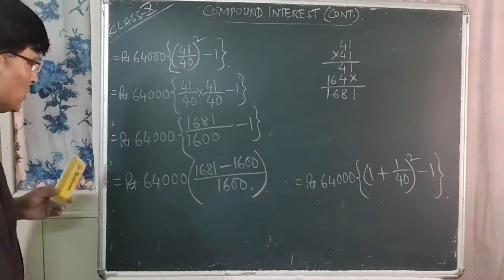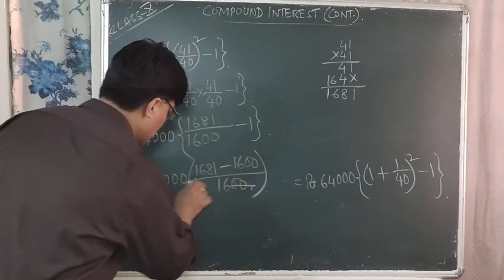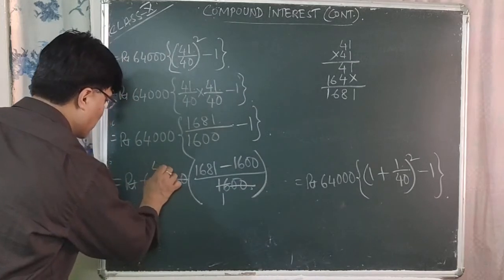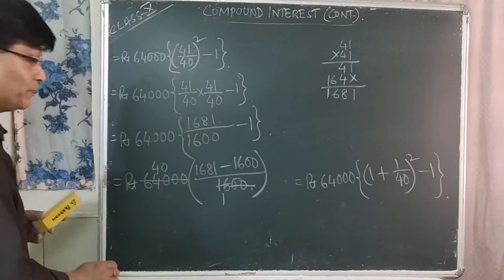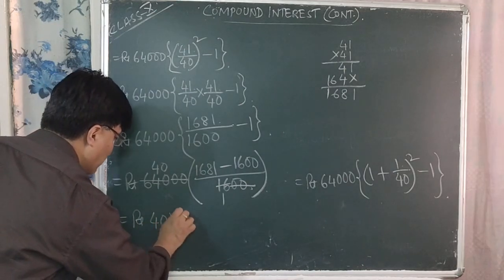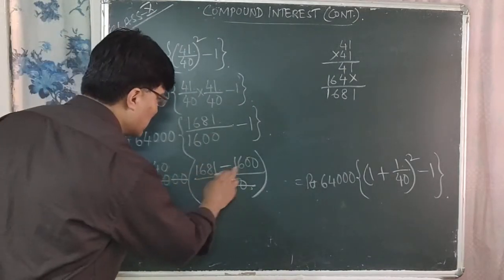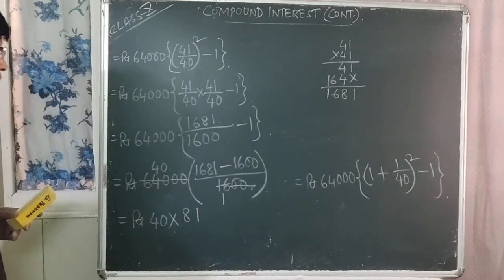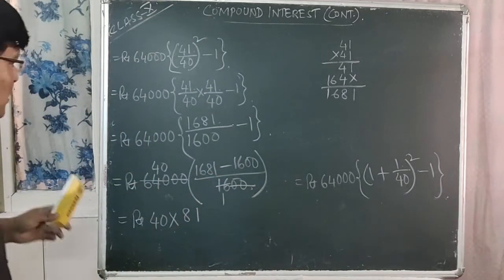Is that clear? So you can cancel here. 00 gets cancelled. 16 ones are 16, 16 fours are 64. Then 0. So which is equal to rupees 40 multiplied by. Now we can subtract it. 1 minus 0 is 1. 8 minus 0 is 8. Is that clear? So now we can multiply it.